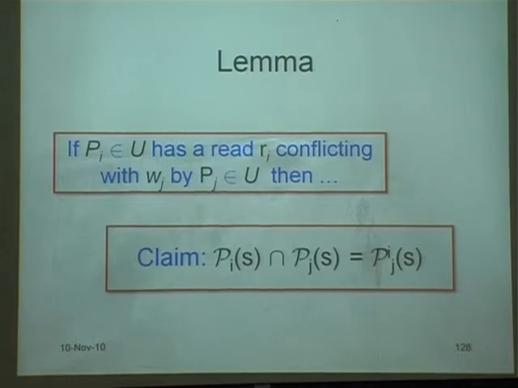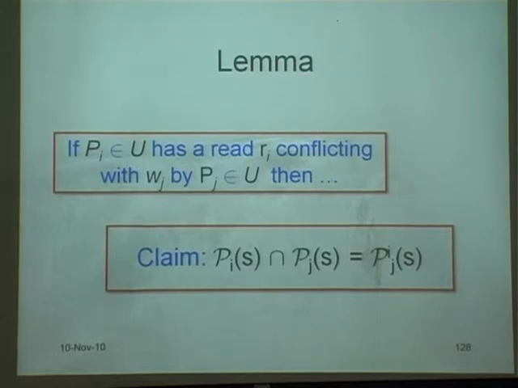If there's a conflict, it's a read and a write. We're going to pick the reader. P sub I is the reader, and J is about to write to that location. So what I claim here is that now we're going to look at the intersection of these two things. What is this? Well, we start in the same state, but we look at a different protocol, one where I doesn't participate.